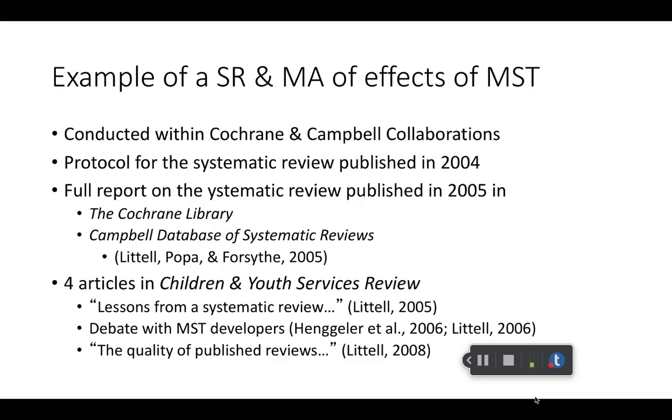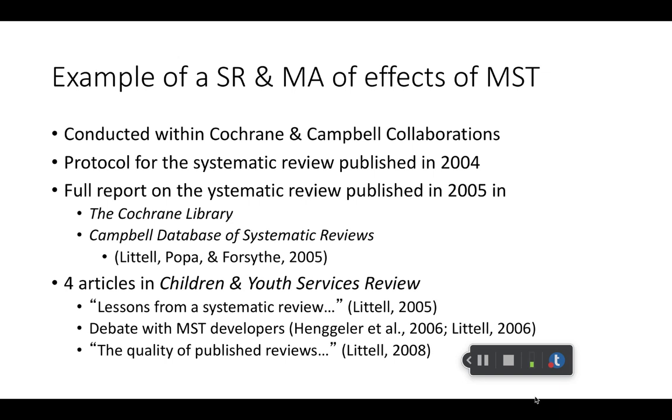So let me give you an example of a systematic review and a meta-analysis of the effects of multisystemic therapy. This is a systematic review and meta-analysis that I conducted with colleagues within both the Cochrane and Campbell collaborations. Cochrane and Campbell are international organizations devoted to the production of high-quality systematic reviews and meta-analysis to inform policy and practice.